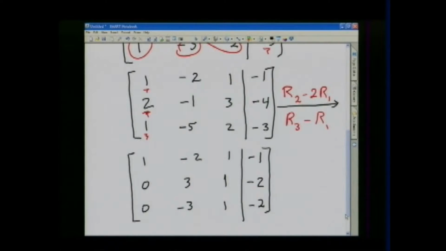The next step is that I want to make this 3 into a 1. So what I'm going to do is multiply the second row by 1/3. So I'm going to get 1/3 of R2.